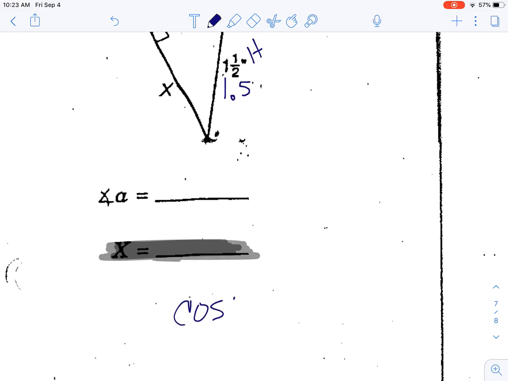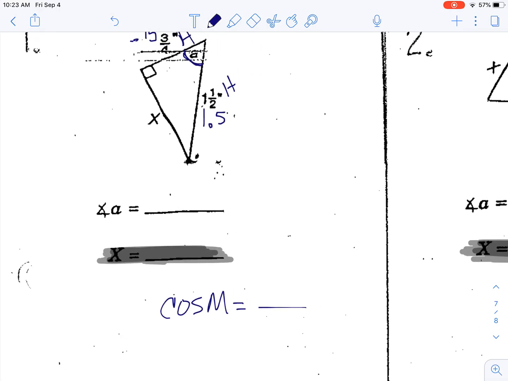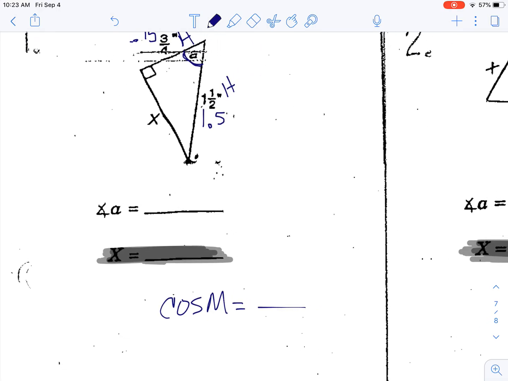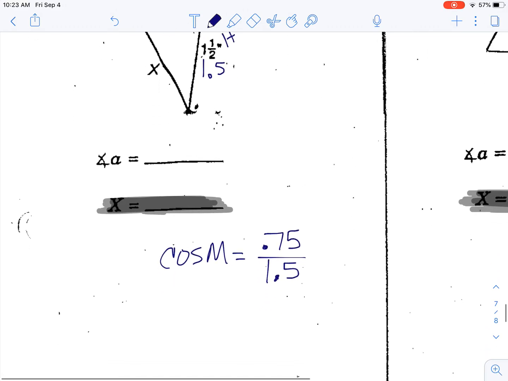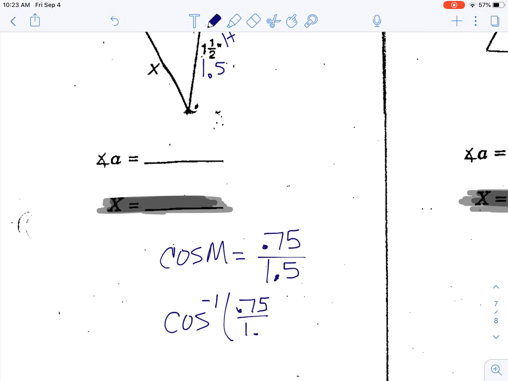So I would set the cosine function up first. Cosine is the adjacent over the hypotenuse. I would set it up, and then I would say to myself, but I'm trying to find the angle. So since I'm trying to find the angle, I'm going to use the inverse cosine, and this is what I'm going to put into my calculator.